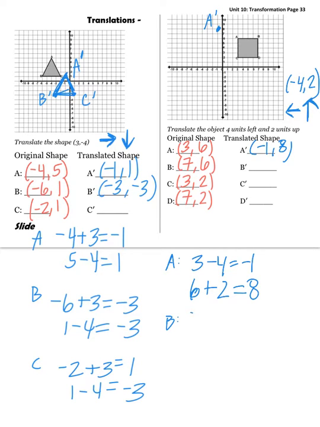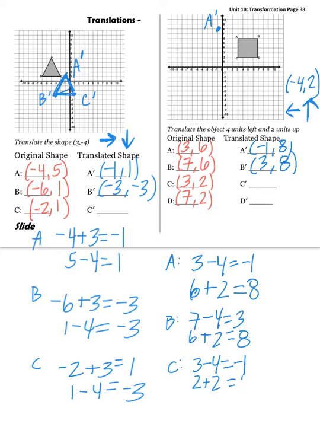Okay, so B is 7 minus 4, which is 3. 6 plus 2, which is 8. C is 3 minus 4, which is -1. And 2 plus 2, which is 4. So -1, 4. D is 7 minus 4, which is 3.